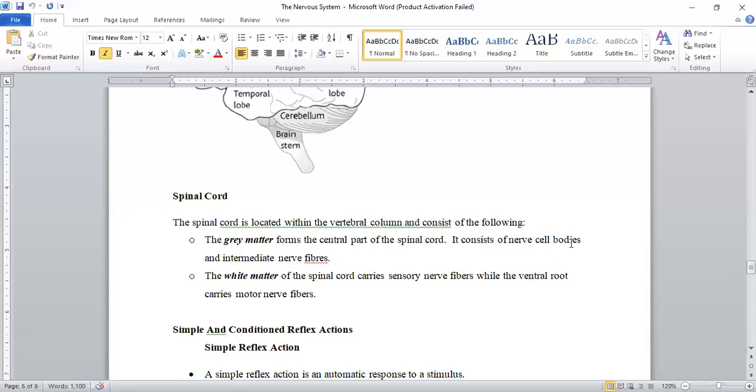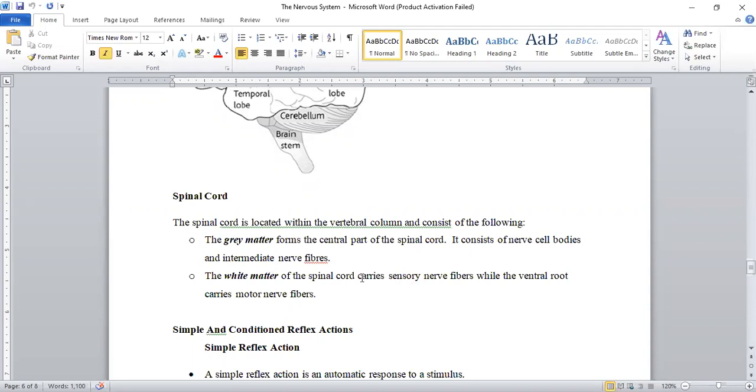So the gray matter has the relay neurons and the cell body. This is the cell body of the motor neuron. Remember, the motor neuron is the only nerve whereby we have the cell body inside the CNS together with the relay neuron. Then we have the white matter of the spinal cord. This is where we have the sensory nerve fibers and also the motor nerve fibers. That is the other end. So we have the cell body in the CNS, that is in the gray matter, the cell body of the motor neuron.